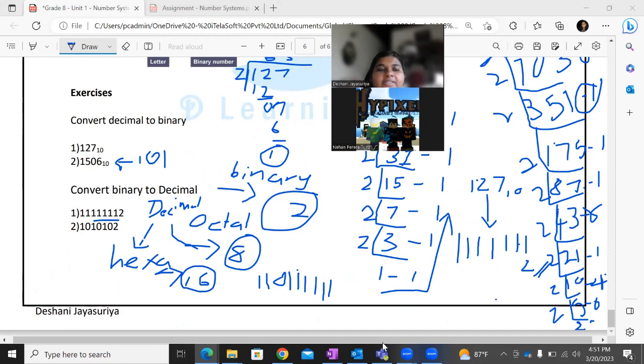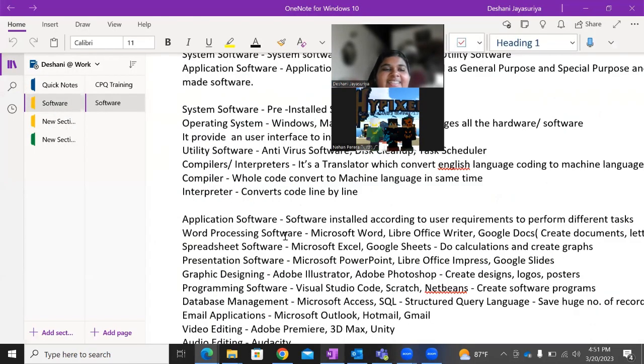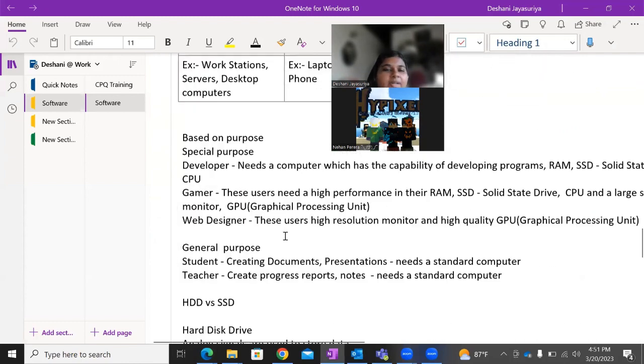Okay, so I'm going to get this 1, 1, 1. There are 7 ones. I'm going to convert it.